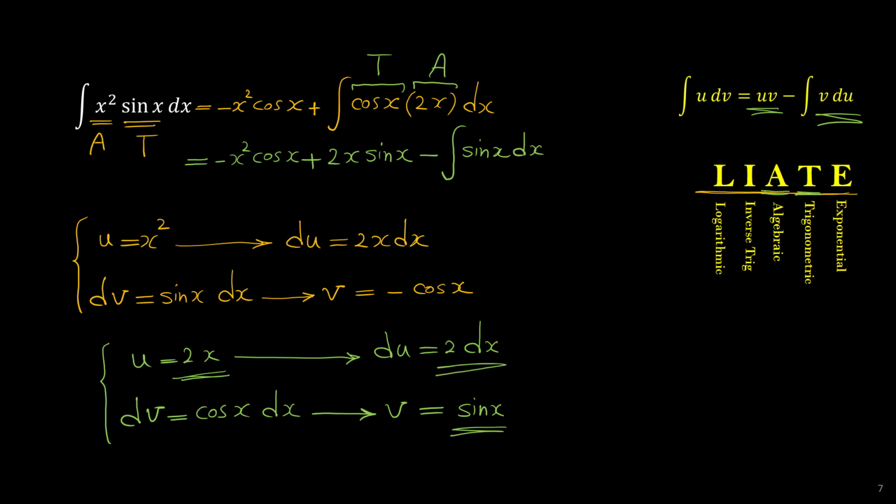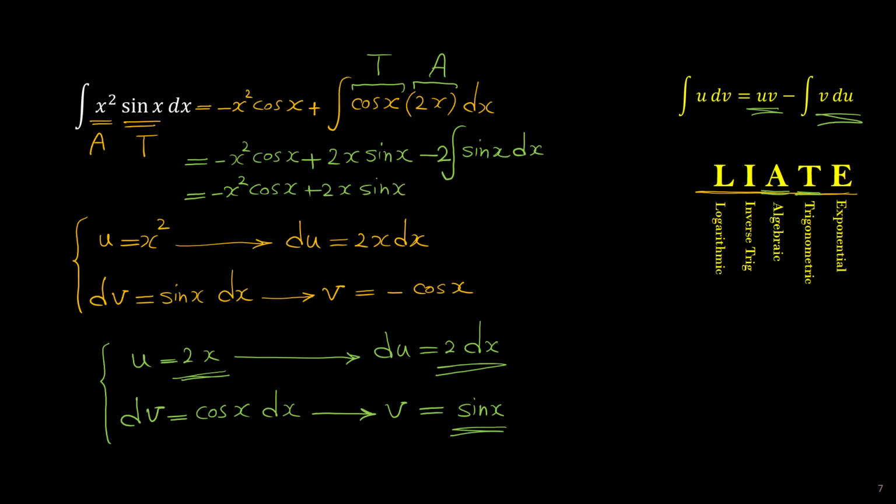Instead of writing 2 dx, I'm putting dx in the integral and 2 outside of the integral, because 2 is a coefficient, and always we can put coefficient outside of the integral. And finally, the answer is negative x squared cosine of x plus 2x sine of x.